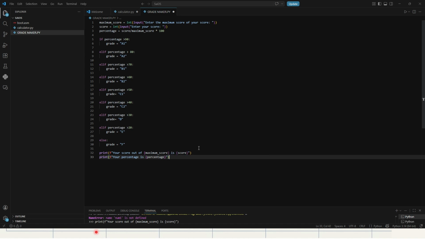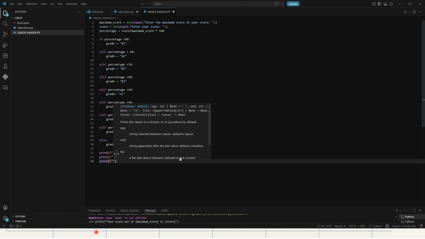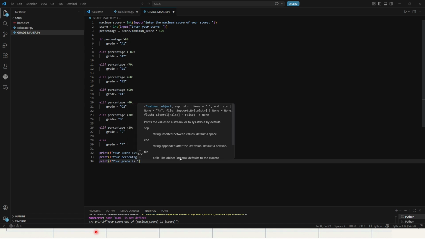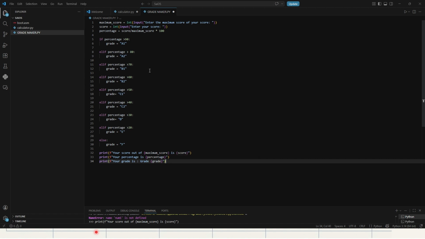But what is the difference if I keep it in curly brackets? Then it prints the variable's value instead of the curly bracket. So your grade is, grade space then the real grade. Right? Now let's try.